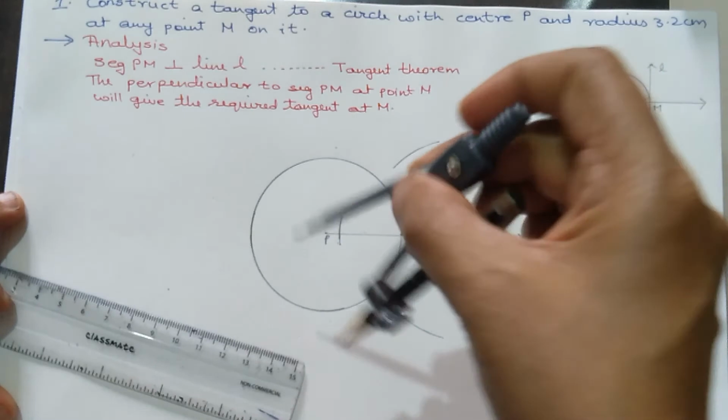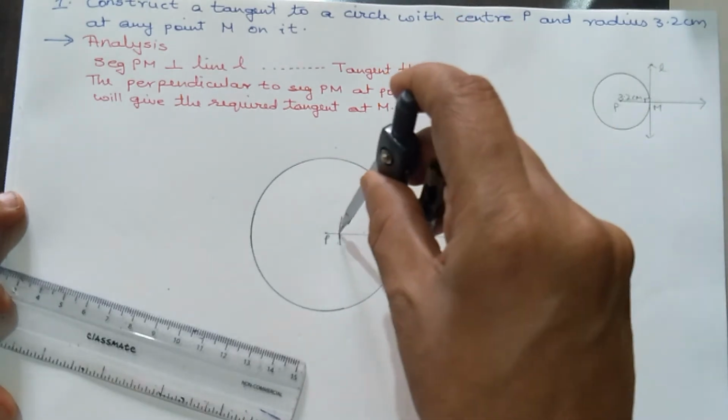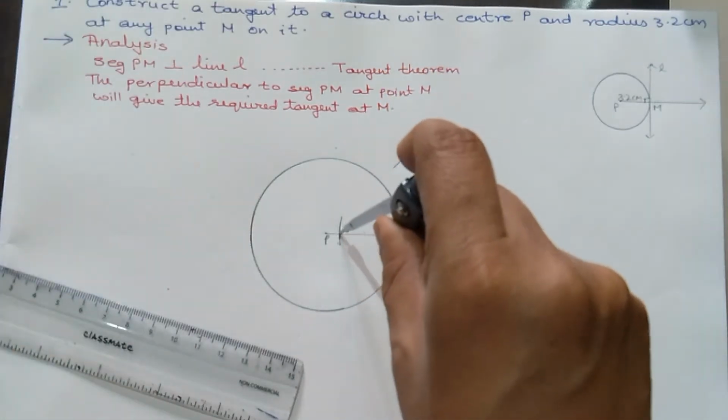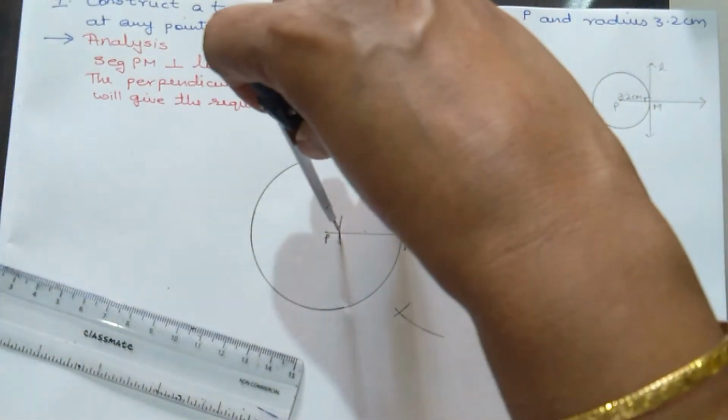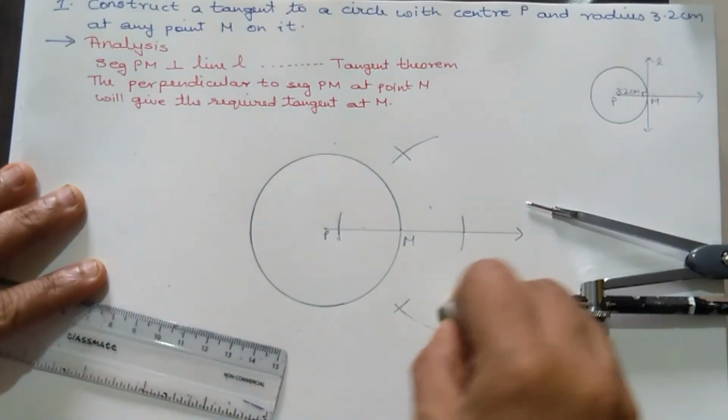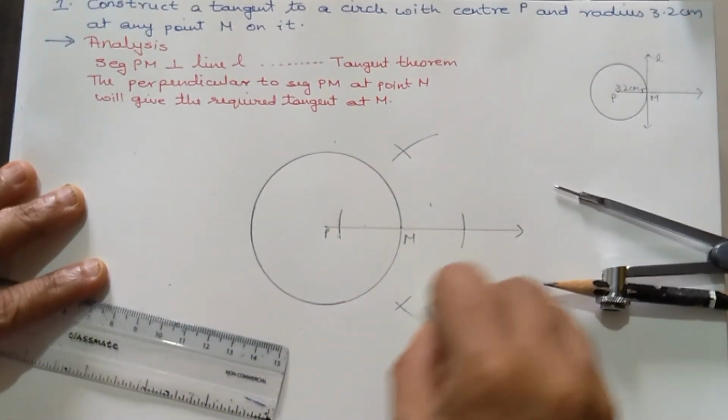Now keep the compass on the other arc which is on the left hand side and draw an arc over here and draw an arc over here. Rub off the unnecessary part of the arc to make your diagram look very neat and tidy.